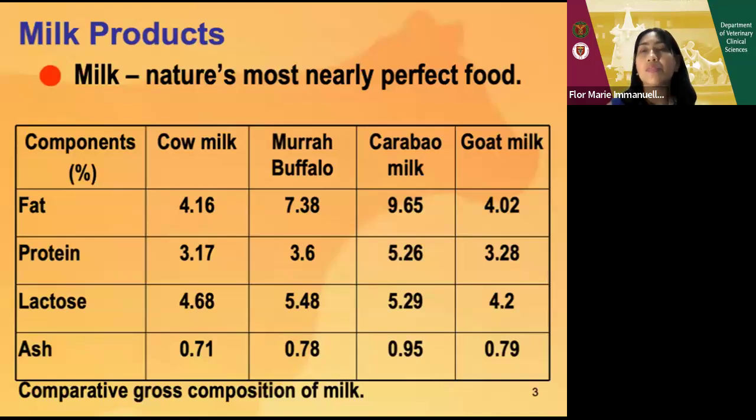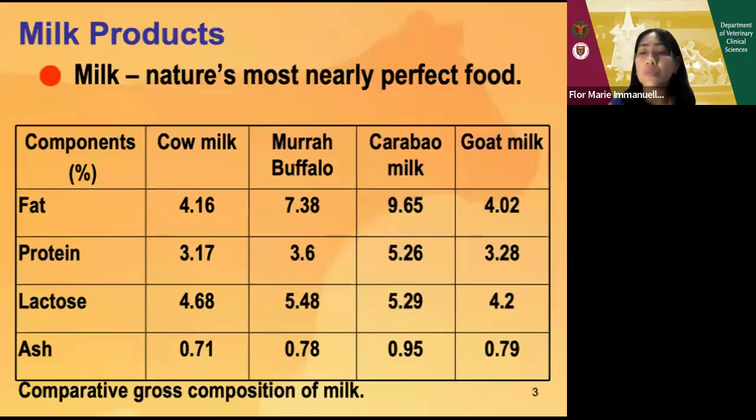But you see that for the other dairy Carabao breeds, it's much higher at 5.26. And even at this point, we can already see that the Carabao's milk is really much superior because the main components are actually fat and protein alone. And so we can see that it's really far superior in terms of quality compared to the cow and the goat's milk. But then the issue is the volume, no?